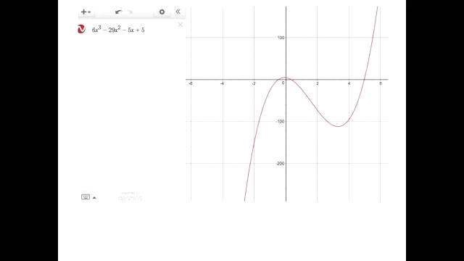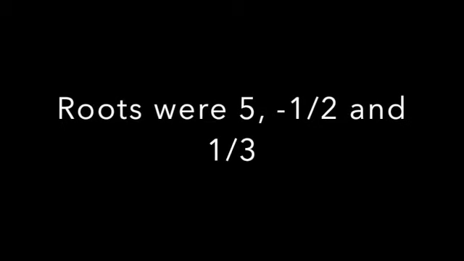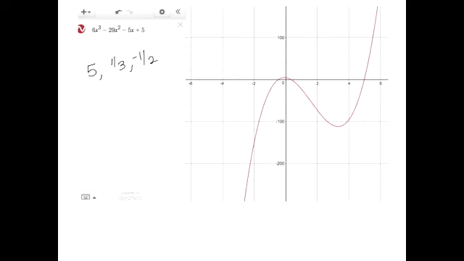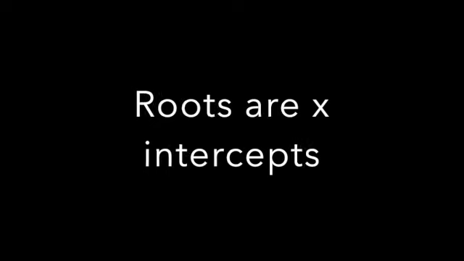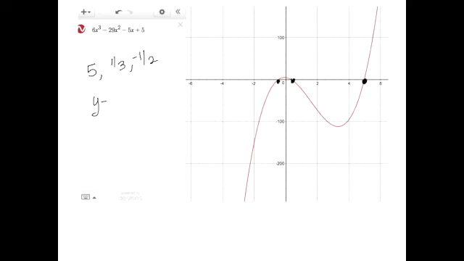The final thing, and this is really going above and beyond what the DBA is, but in order for you to have a full and complete understanding, the roots were, so these were the 3 roots that we got, okay? Here they are. Here's your 5, here's your positive 1/3, here's your negative 1/2, and then we figured out that the y-intercept was positive 5.